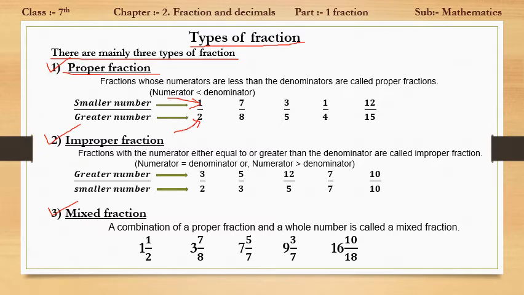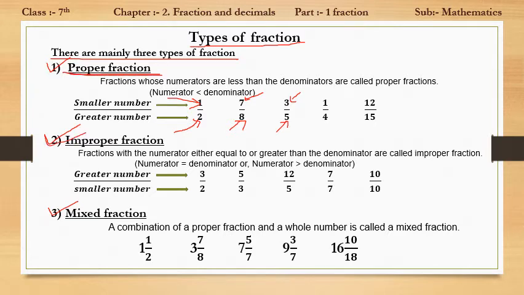In the second example also, 8 is greater than 7, that is, the numerator is less than the denominator and the denominator is greater than the numerator. So in fractions, if the denominator is a greater number than the numerator, then that type of fraction is called a proper fraction.